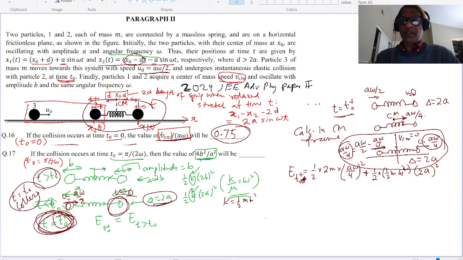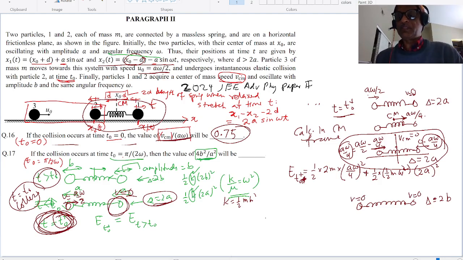Now at another time, we're going to pick where this thing is fully stretched. So this is now stretched by 2b and this has come to rest: v equals 0 and v equals 0.